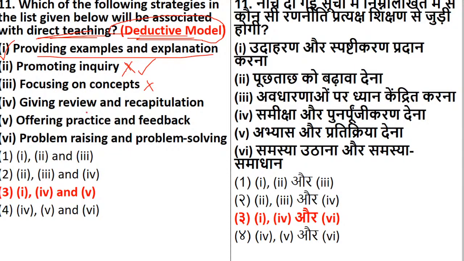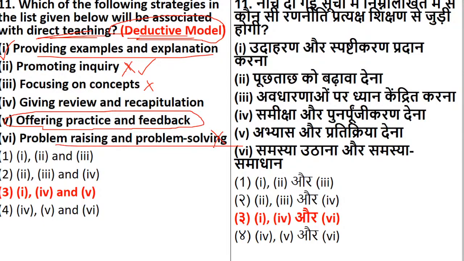Giving review and summarization, yes, that is done in the traditional model. Offering practice and feedback, now you will say, is to ensure that the principles are understood properly. And problem raising and problem solving, no, it is a part of inductive.